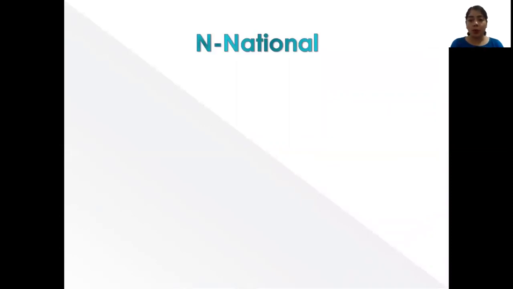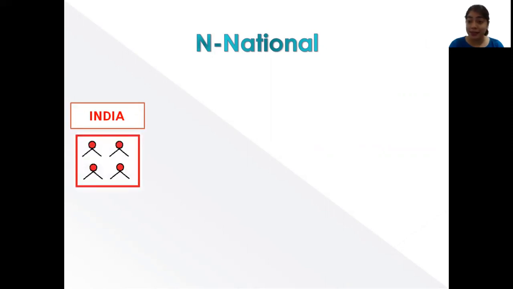National in simple words relating to a nation, and it shows a particular person's country. So we understand this national with the help of an example of four countries, and there will be some color combination that will help us. As here, red color represents India and its residents.